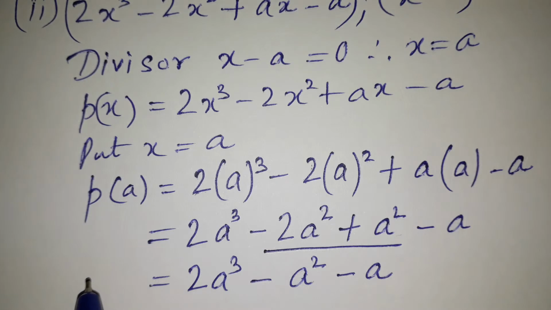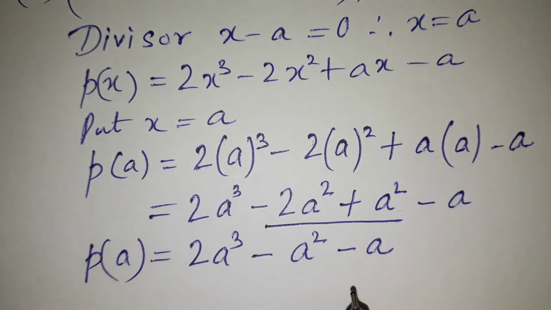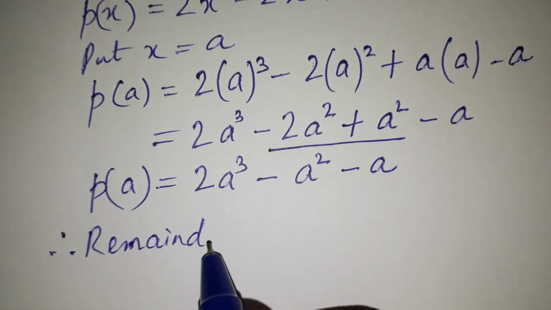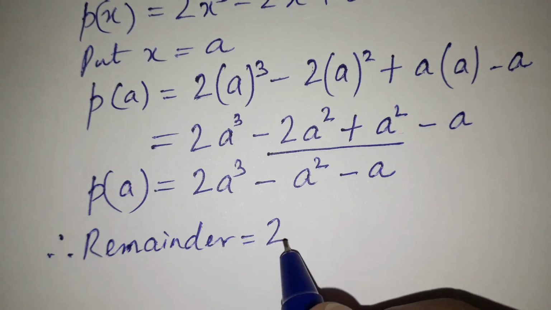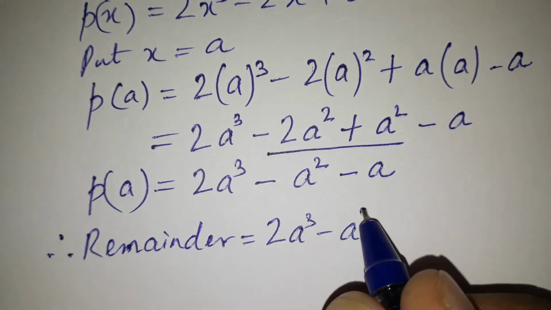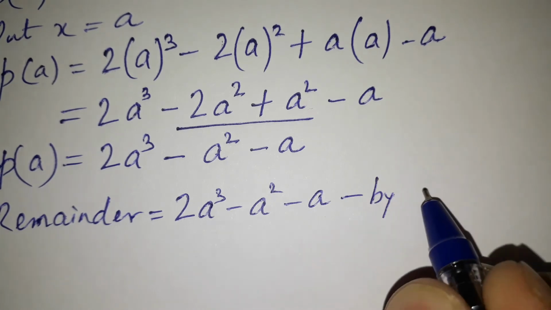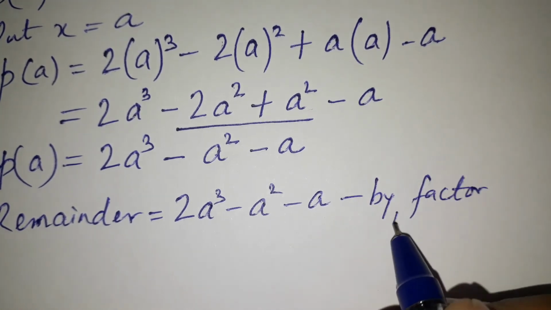We got the value of the polynomial when x is equal to a, and by the factor theorem we can say this is the remainder. Therefore, remainder is equal to 2a cube minus a square minus a, by the factor theorem.